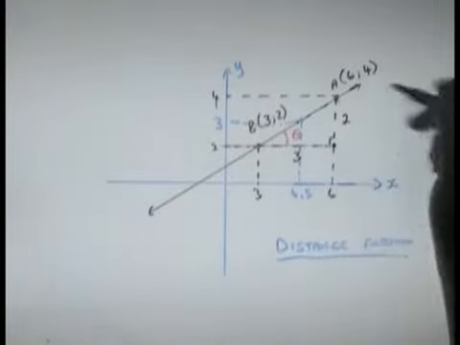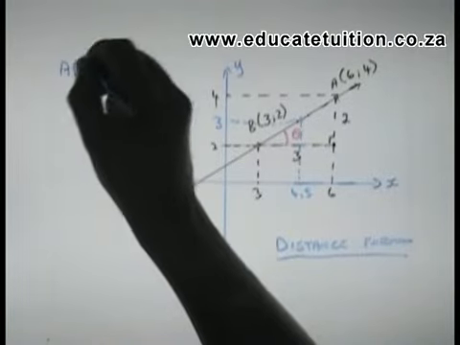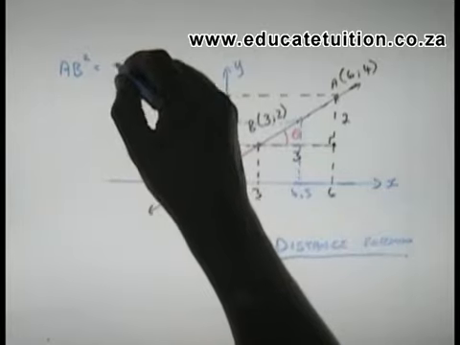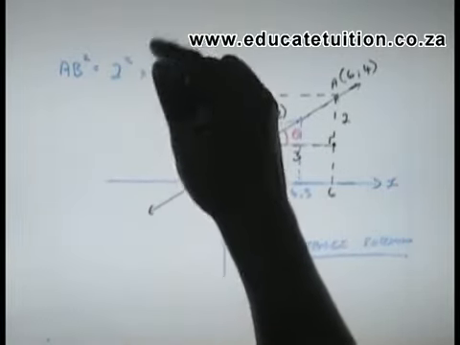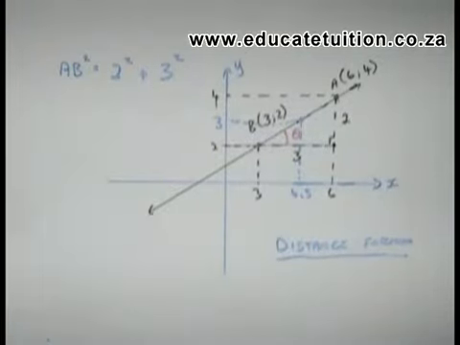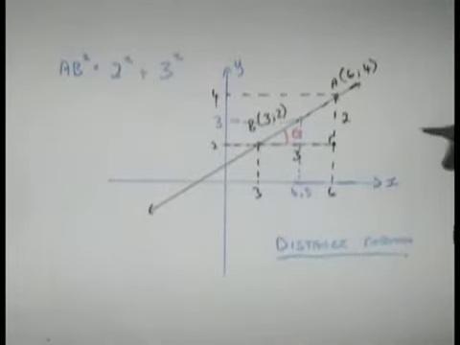And 2 and 3 are the other sides. That means that AB squared is equal to 2 squared plus 3 squared. Yes? That distance is 2 and that distance is 3.